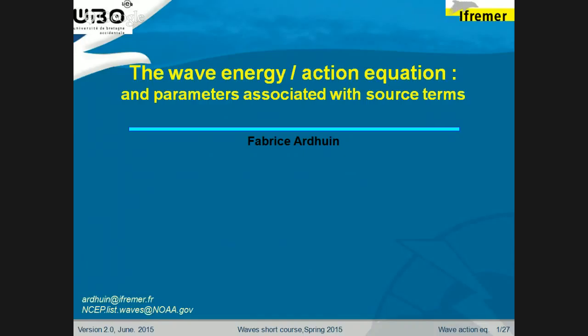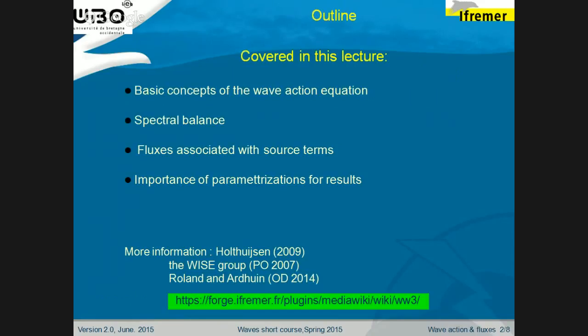So for the people that want to do coupling of models, that's the time to keep awake. I'll discuss the wave action equation, what is called the spectral balance, the equilibrium of the source terms, fluxes associated with all source terms, and the importance of parameterization for the wave results.